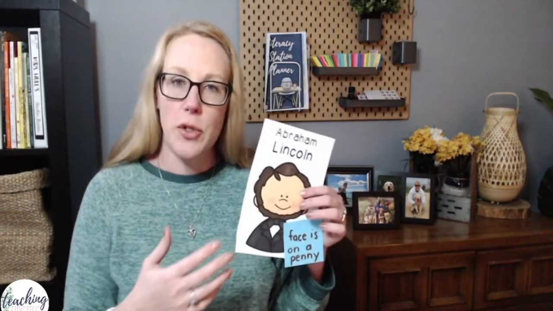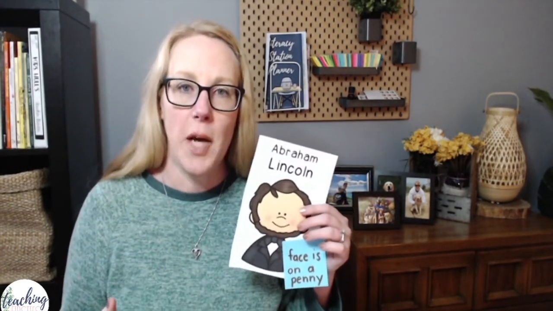They know that George Washington is the first president, so I will stick a sticky note to George saying he was the first president. They also most likely know that Abraham Lincoln's face is on a penny. So just ask your students what they know already, and that's going to help you with that prior knowledge. And then at the end of the unit, see what they learned. These are the two whole group things I do.